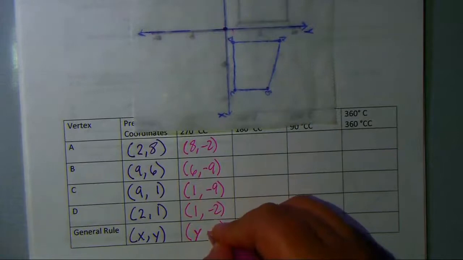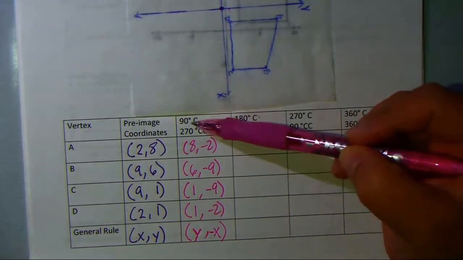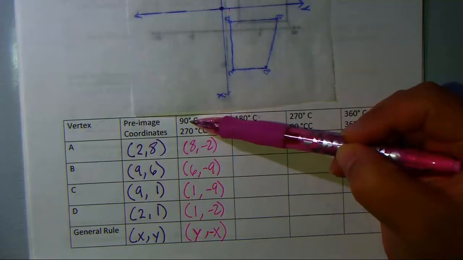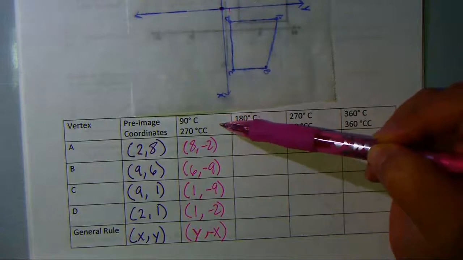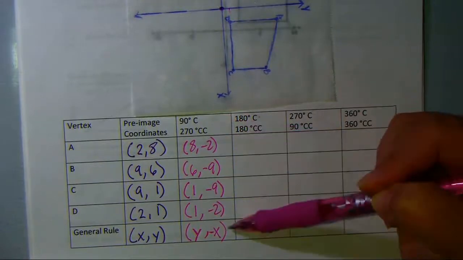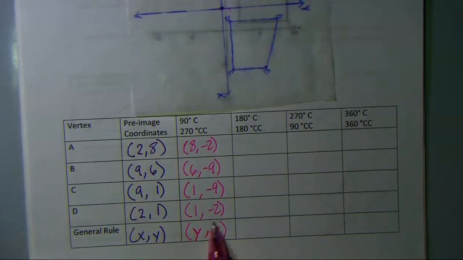Okay, so we want to generalize this, right? So we can say that when we rotate a figure 90 degrees clockwise, aka 270 degrees counterclockwise, our rule is that our points at x comma y, they flip, okay, and then this coordinate here changes its sign, right?